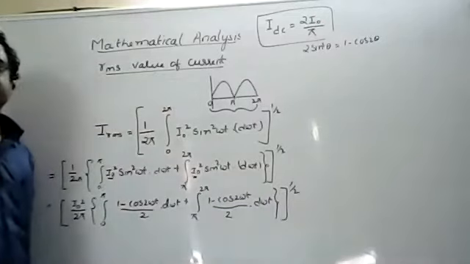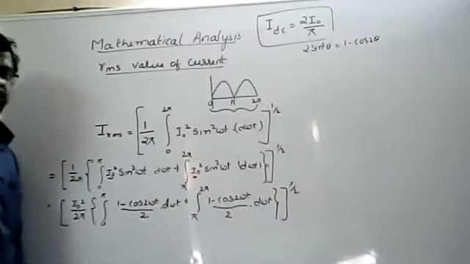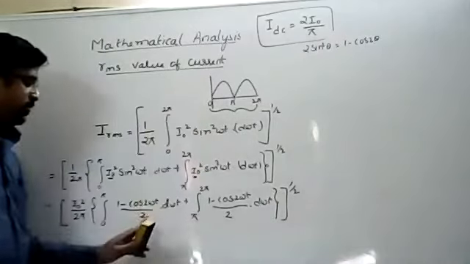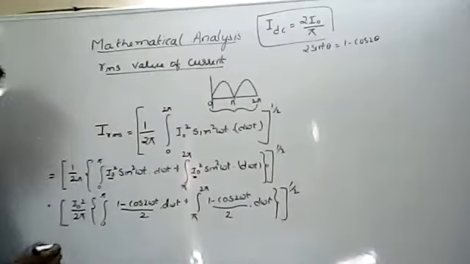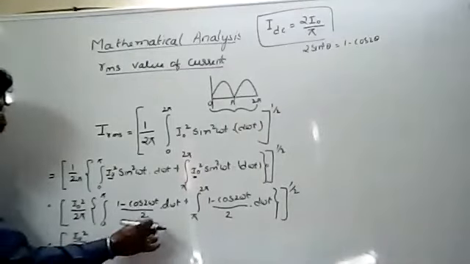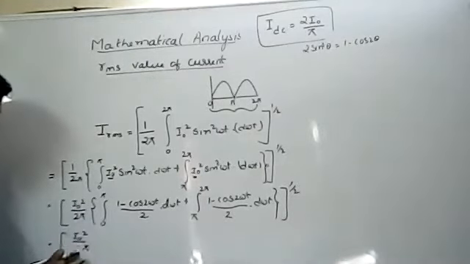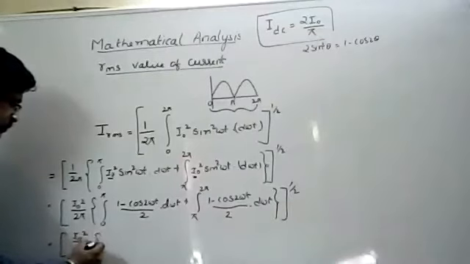All within the root. So apply this formula, 2 sine square theta equals 1 minus cos 2 theta, where instead of theta we have omega t. It is visible, right? I naught square by 2 pi. Now in both cases, what is common? 2 and 2, so I will write it as 4. I am taking 2 common out.